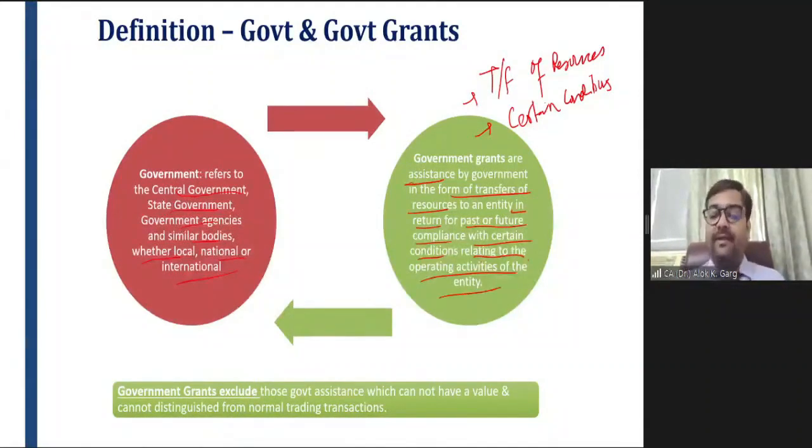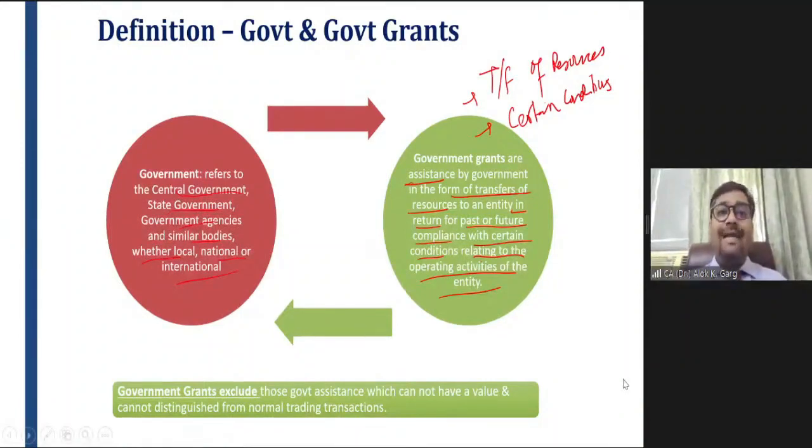So two things are there in a government grant: transfer of resources by the government, and the entity having complied with certain conditions in the past or will comply in the future. I hope it is clear to all of you.